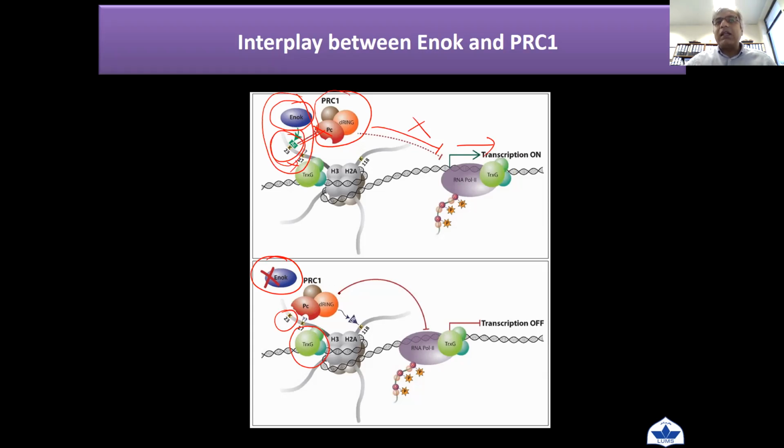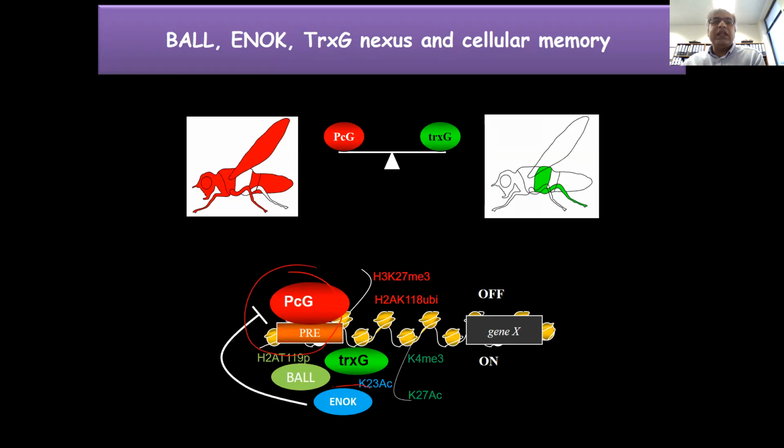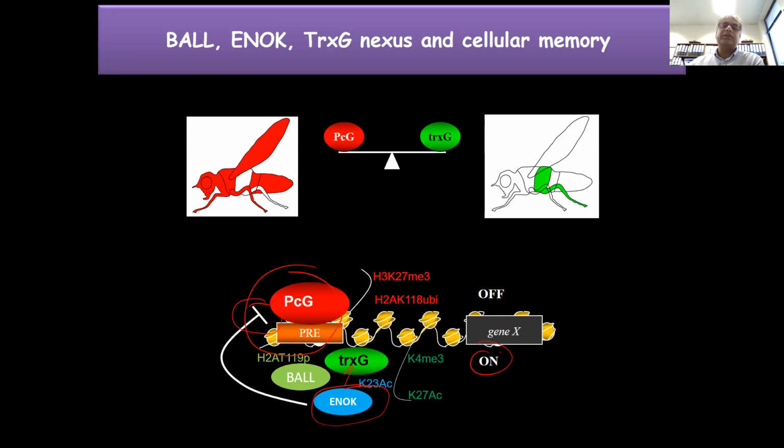Now PRC1 will have an inhibitory effect. It will be successful and genes will be maintained in the off state. So this is just another slide: H3K23 acetylation is positively impacting trithorax, blocking polycomb group, and maintaining genes in the on state.